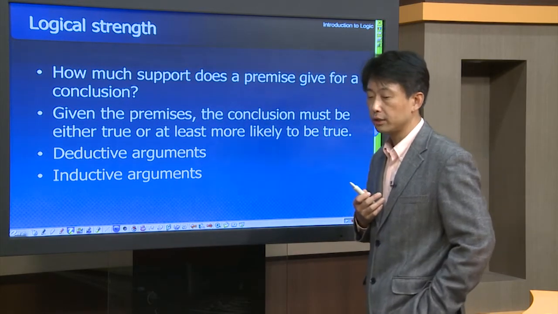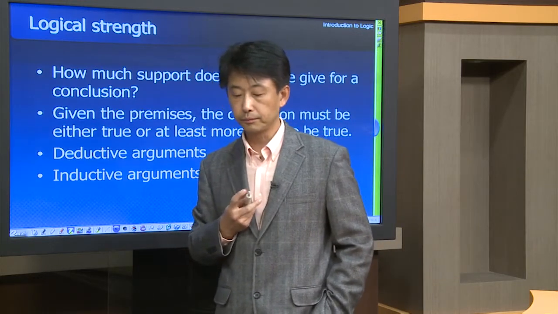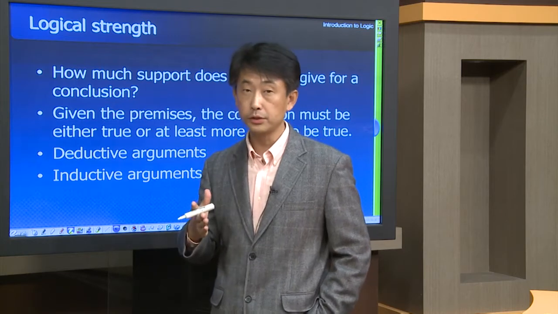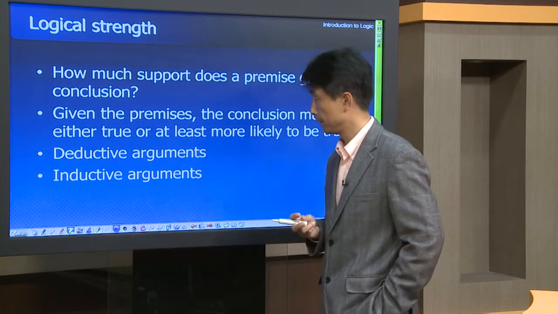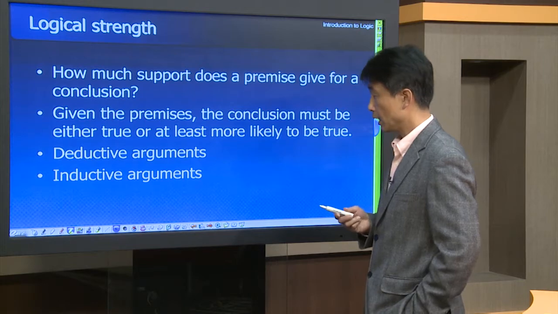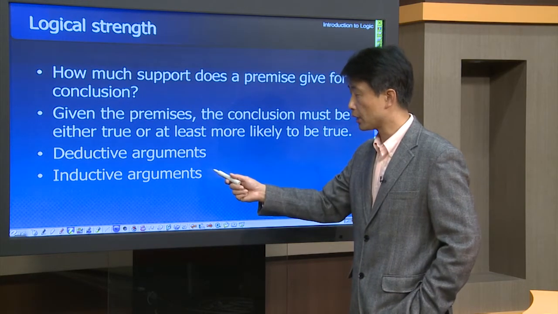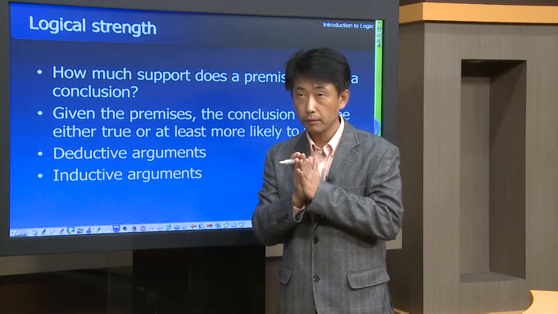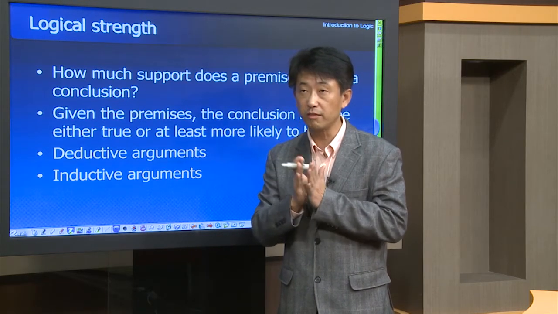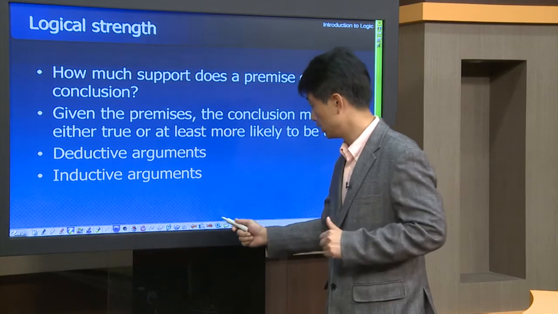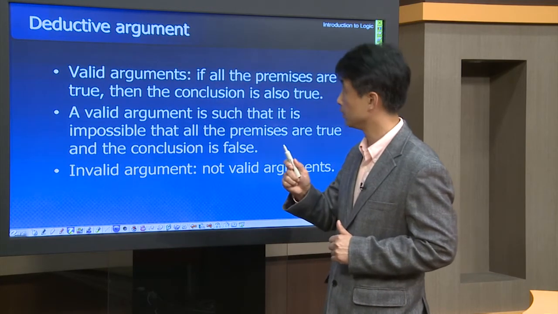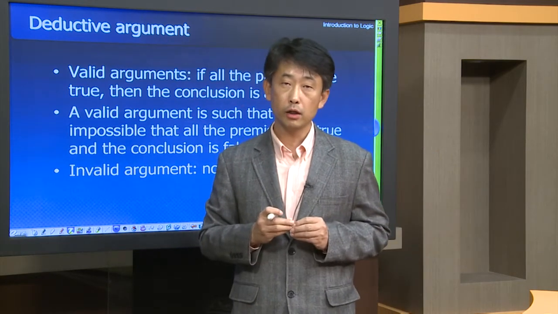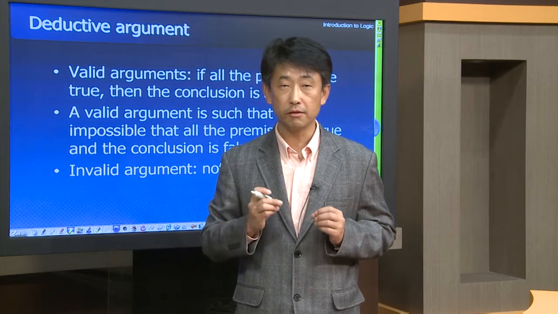And here, traditionally, philosophers have distinguished deductive arguments and inductive arguments. Deductive arguments and inductive arguments are distinguished by the kind of criterion we bring in to evaluate an argument. Okay? Let's see deductive arguments first. You make a deductive argument when you make an argument in the following fashion.